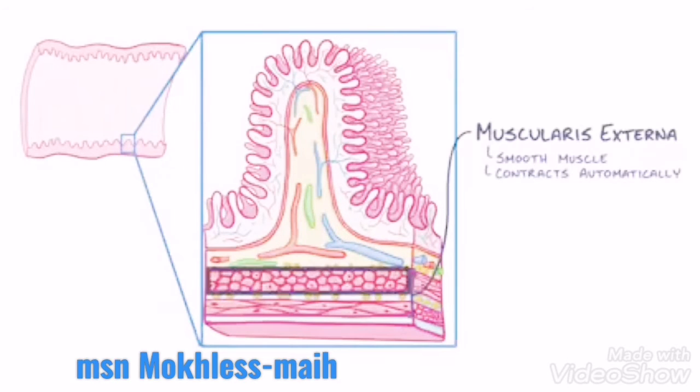The layer of the esophagus has smooth muscle.